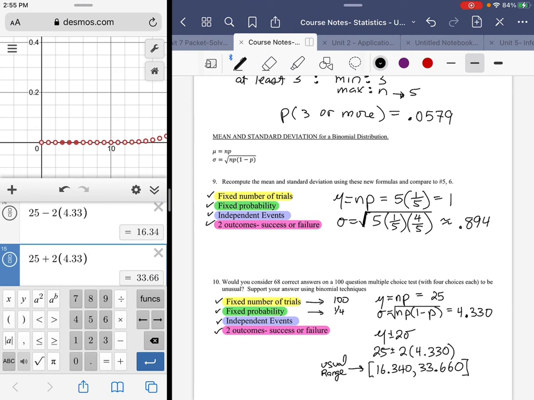It shouldn't be anywhere near that. So therefore 68 correct is unusual. But all based off of the fact that we've met the conditions of a binomial distribution.